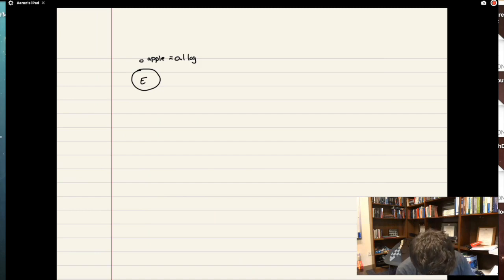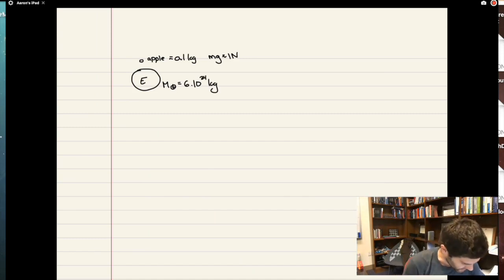So mg is approximately 1 Newton. I'm rounding 9.8 up to 10. Then the Earth has a mass of, come on, PhD in astronomy, 6 times 10 to the 24 kilograms.